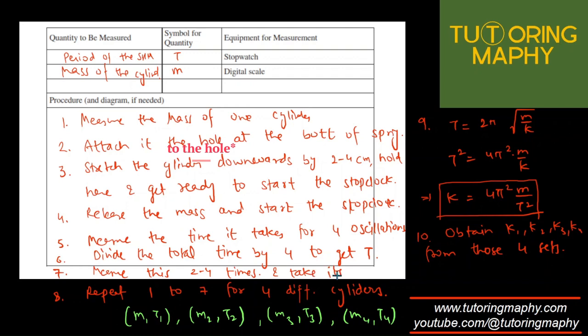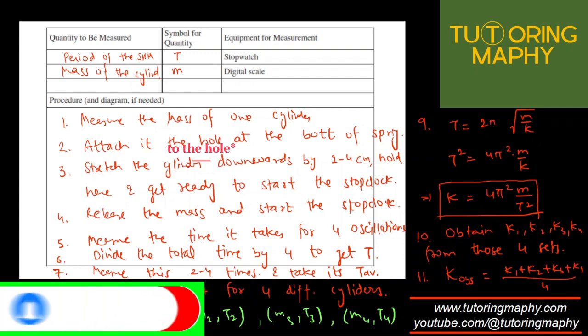It will make more sense, take its average value. Okay, obtain k1, k2, k3, k4 from those 4 sets, and then k observed will be the average value of all of these. So k1 plus k2 plus k3 plus k4, divided by 4. That will be the entire procedure.